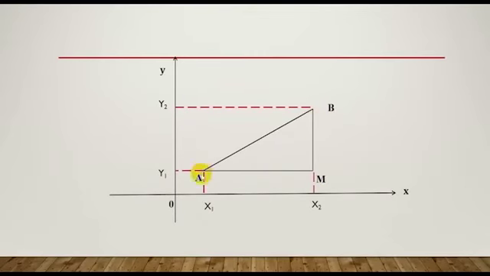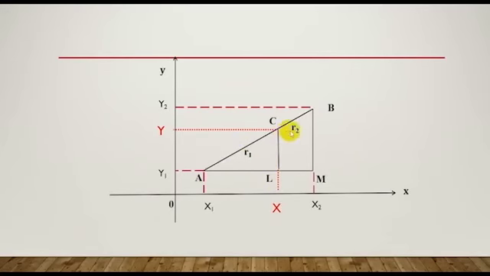So we have triangle ABM right now, and we need to get the division point, the point C which divides this line AB, and it will give us two triangles with R1 and R2.